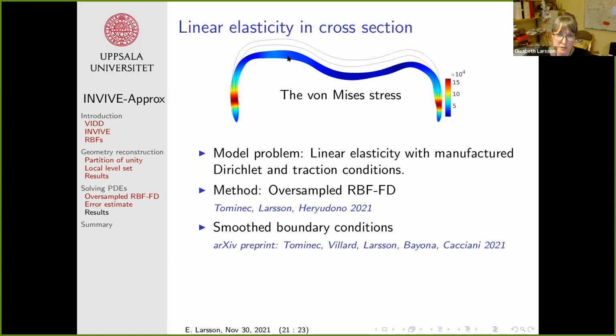And what you see here is the von Mises stress of the diaphragm, and we actually have fake boundary conditions. So we have taken the boundary conditions from the medical images, but they are constructed to mimic what actually happens.